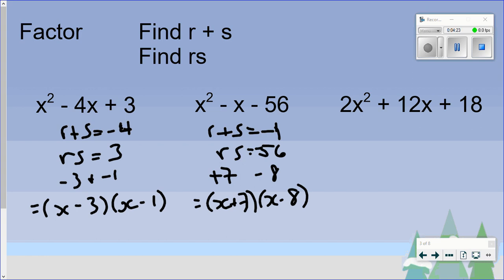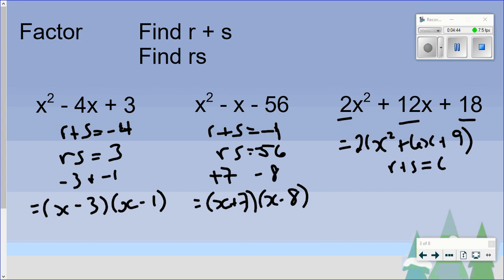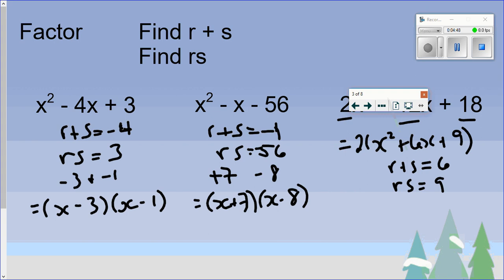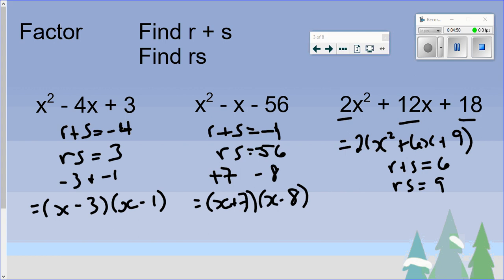In this case, before we do anything else, notice there's a greatest common factor. So let's take out that 2. So it's changed our values a little bit.